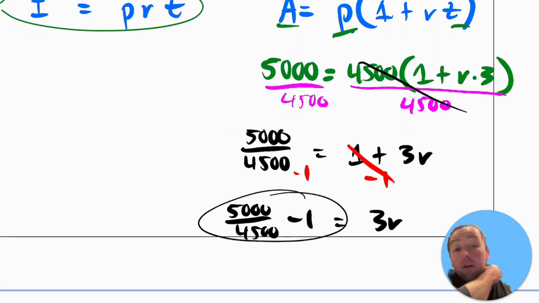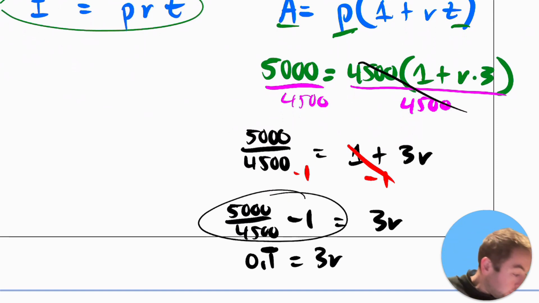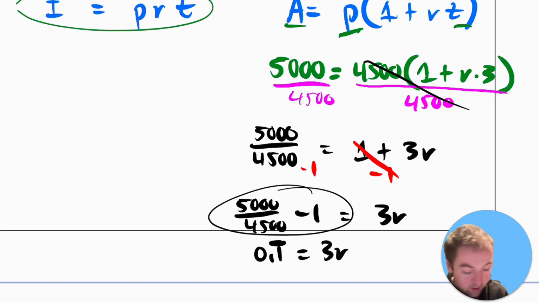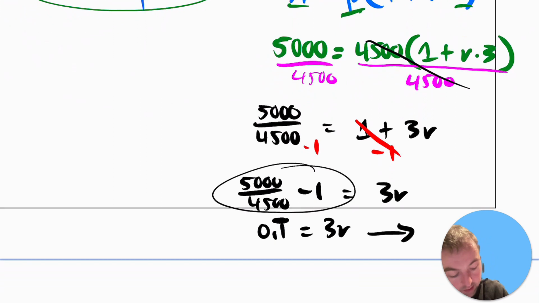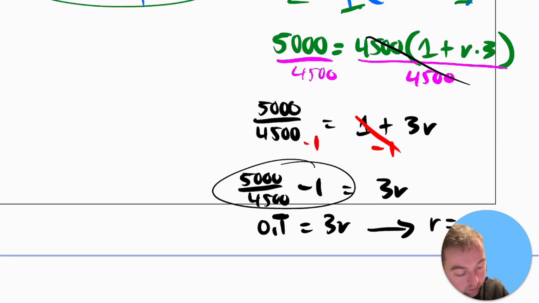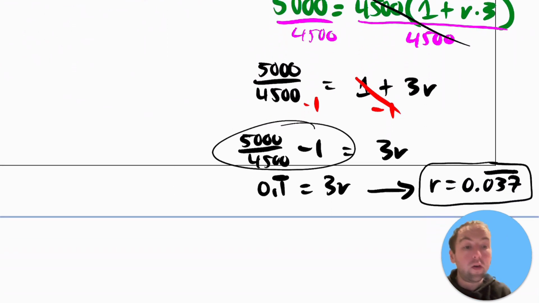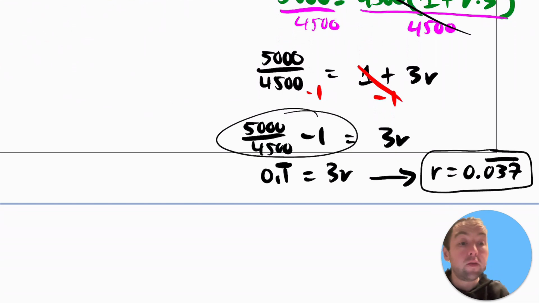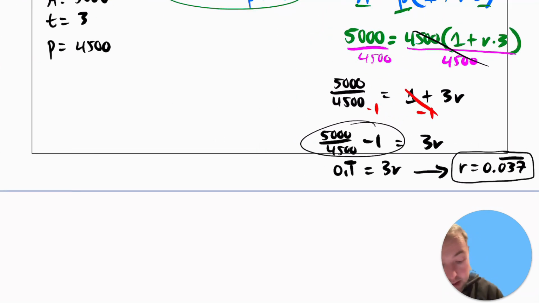Typing in 5,000 divided by 4,500 minus 1, I get 0.1 repeating, equal to 3r. If I then divide that by 3, we get r equal to 0.037, where the 037 keeps repeating over and over. So that's the interest rate.